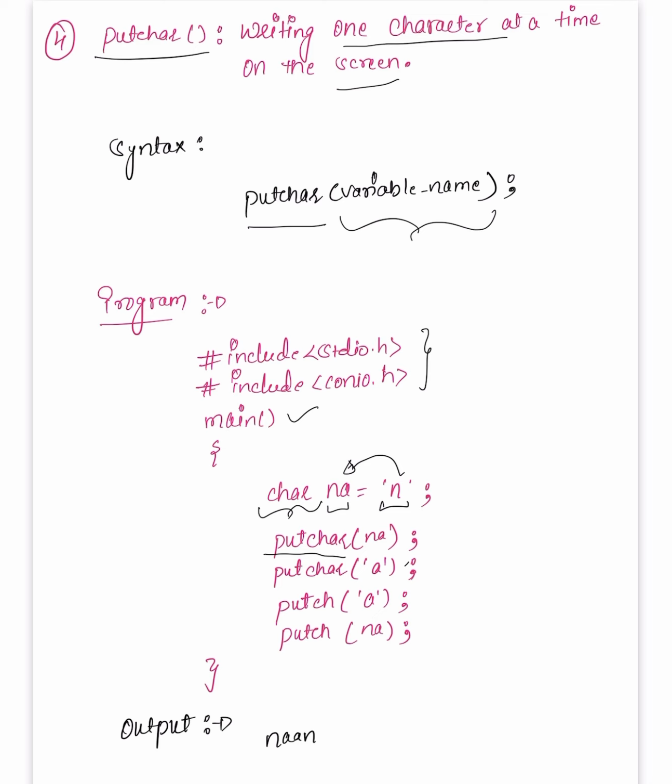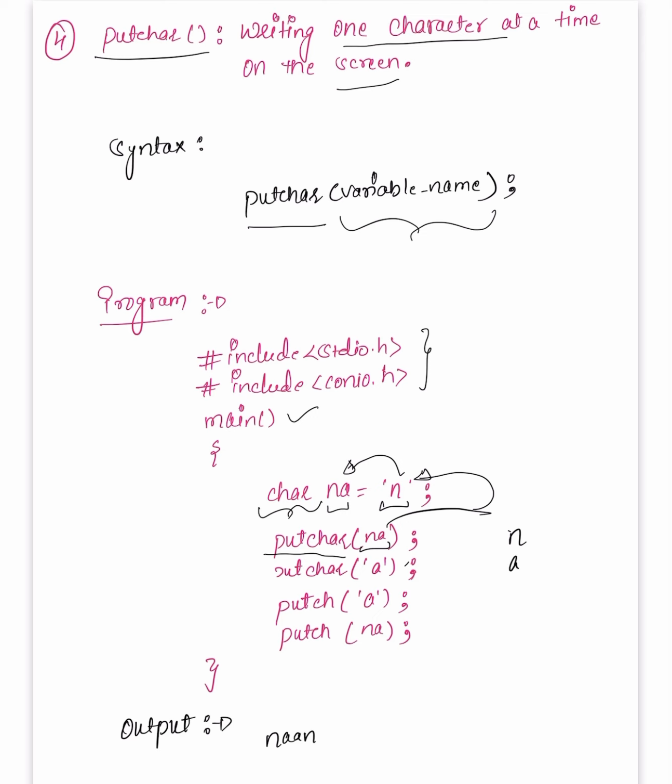In the putchar function we use the variable ch, and in the ch variable we have the value n, so the output will be shown on the display screen as n. Next is the putchar function with the character a, then again the output will display the character a.